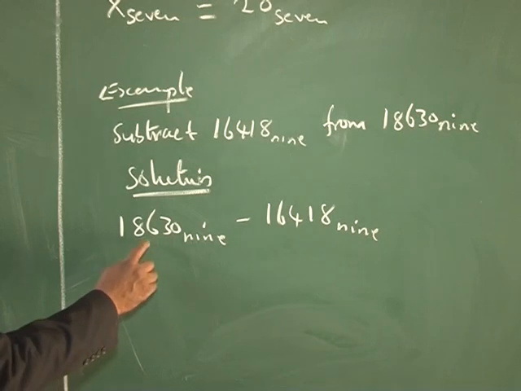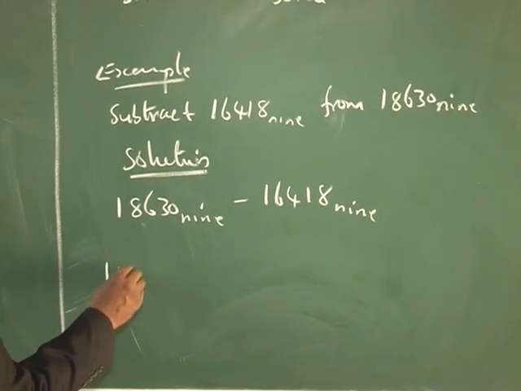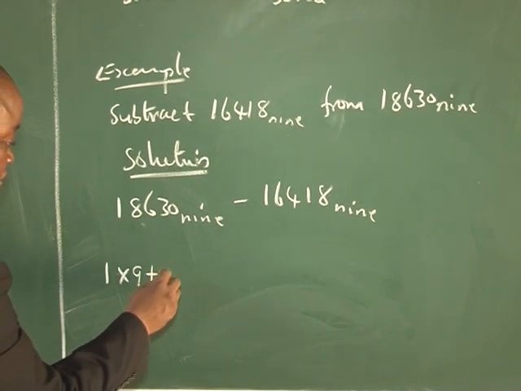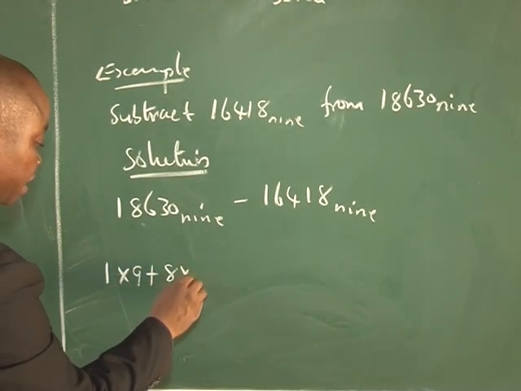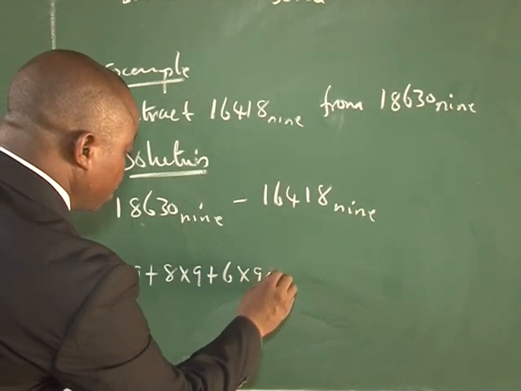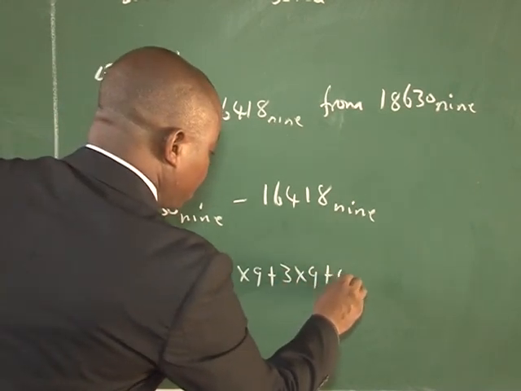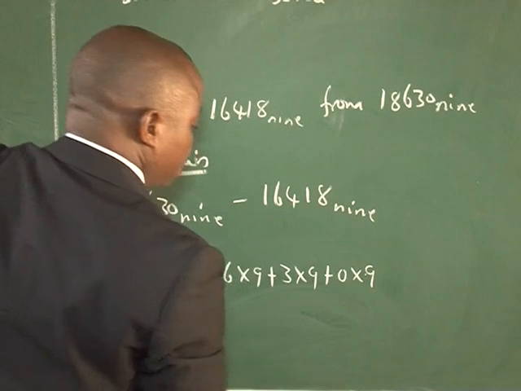Now, converting this to base 10, we have 1 times 9 plus 8 times 9 plus 6 times 9 plus 3 times 9 plus 0 times 9.